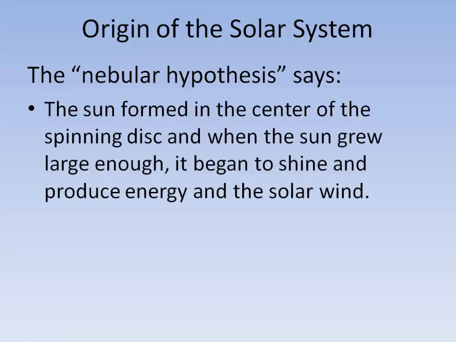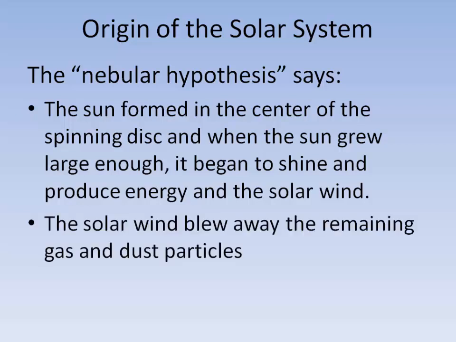In the center, the sun formed, and once the sun grew large enough, it began to shine and produce energy. And when it did that, it produced something called the solar wind. And the solar wind blew away all the remaining gas and dust particles from the solar system.